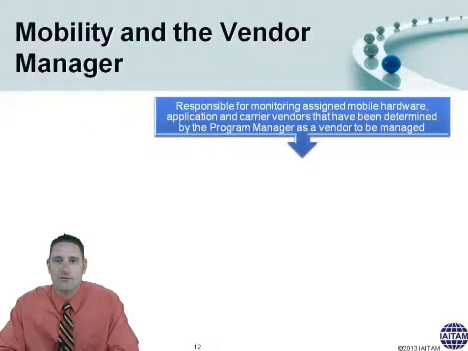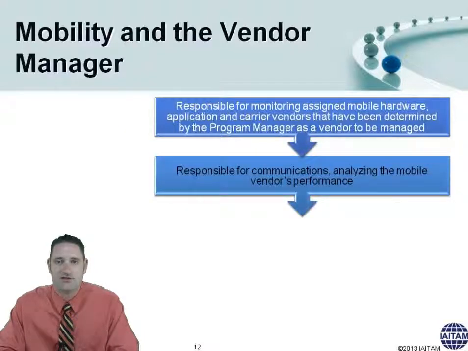So the mobility vendor manager, I briefly talked about re-imaging a device and getting it out to an employee. But they're also responsible for monitoring the hardware, the applications, the carriers, all of that. So it isn't just one vendor. You're going to have multiple vendors that need to be managed.